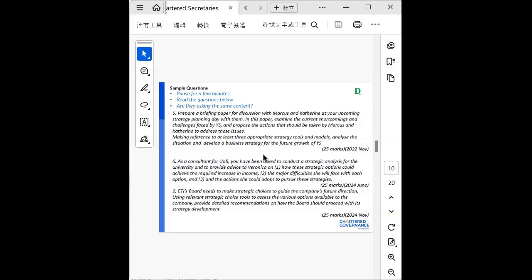So section D will be the main focus, but you need to discuss the planning aspect because it says very clearly it's strategic planning. So it's a combination of section A and section D. You have to think about, say, strategic leadership, and evaluate the different options, the choices, and driving the business forward.